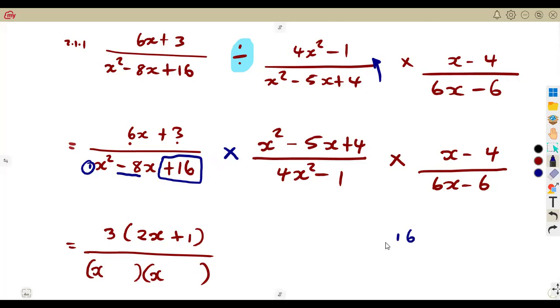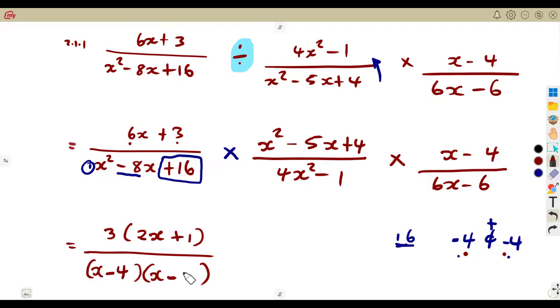So do we have products of 16, guys, which will add up to minus 8? Two numbers that you multiply, you get positive 16. So let's think of 4 and 4. But in order for us to get a minus 8, it must be minus 4 and minus 4. Minus 4 times minus 4, that's a positive 16. Minus 4 plus minus 4, that's a minus 8.